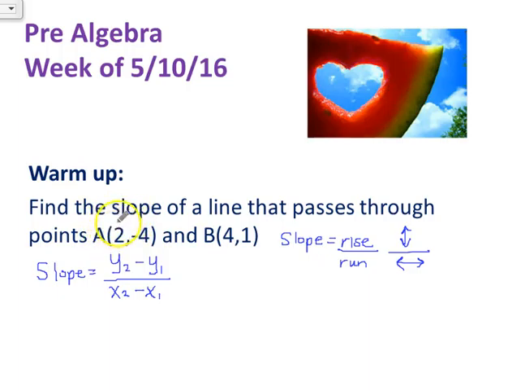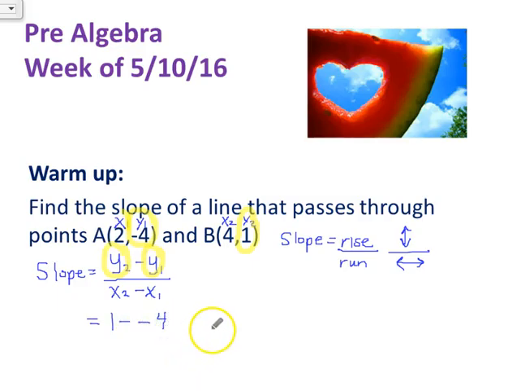So let's go ahead and label the coordinates. Point A we're going to call our first coordinate, so this would be x1 and y1. And B will be our second coordinate, so this is going to be our x2 and our y2. That'll help us when we go to plug those into the formula. First, let's do y2 minus y1. y2 is 1 and y1 is -4, so we would have 1 minus -4.